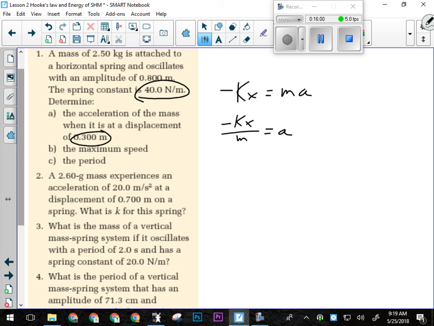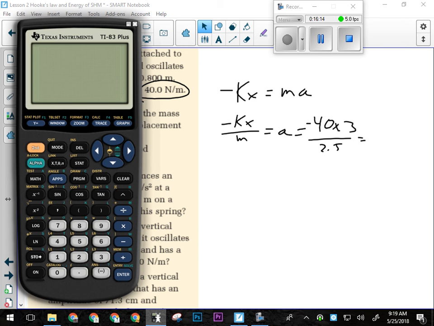So we're going to have negative 40 times 0.3, and then we're going to divide that by 2.5. So that'll give us our acceleration. So our acceleration will be 4.8 meters per second squared towards equilibrium.